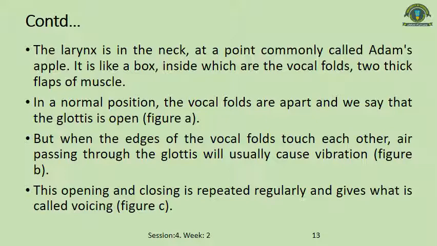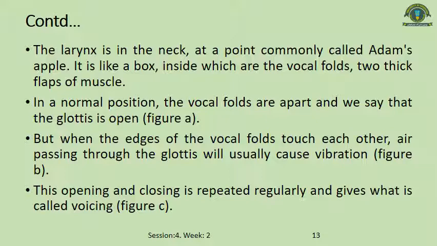Okay? Normally. But remember, when the edges of the vocal folds touch each other, air passing through the glottis will usually cause vibration. So that means this is the air passing through the glottis that generates some sort of vibration. And of course, if you want to understand how it happens, you have to refer to the other slide, that is figure B slide.